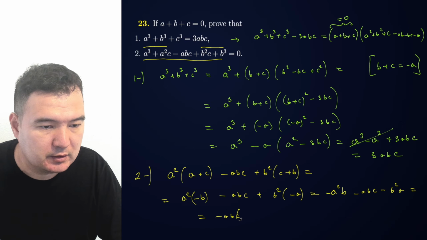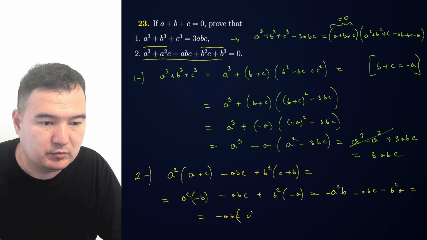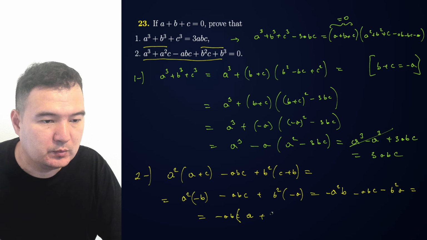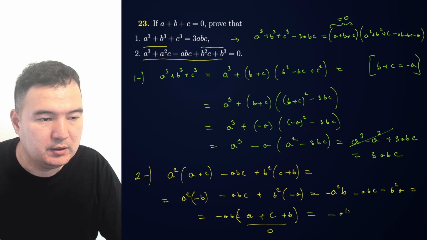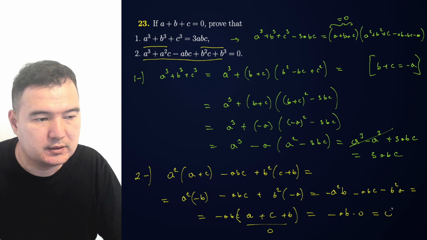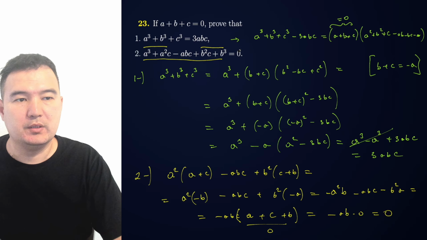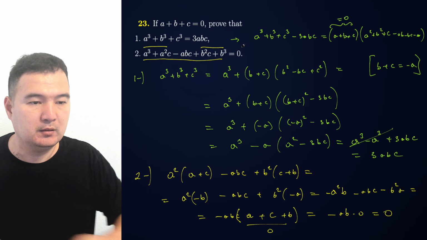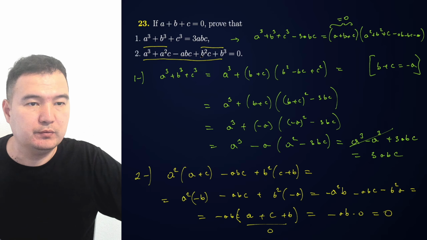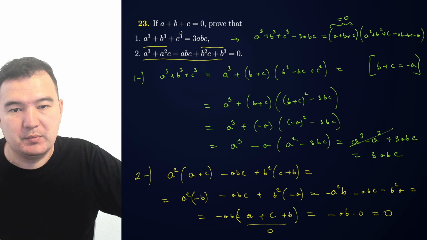AB is a common factor. Inside the parentheses, I'm left with a from the first one, c from the second one, and then b from the last one. So since this is 0, I have minus ab times 0. That's 0. So this expression is 0 if a plus b plus c is 0. That concludes the proof of both identities when a plus b plus c is 0.